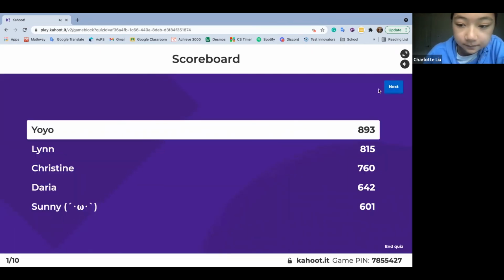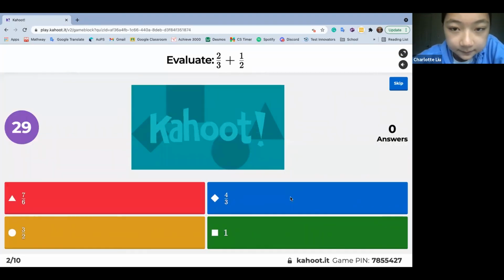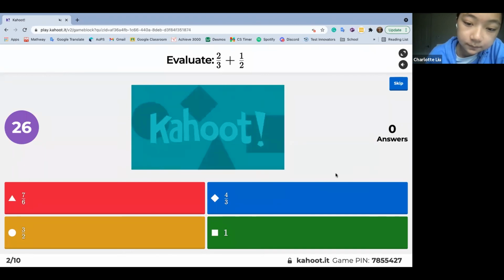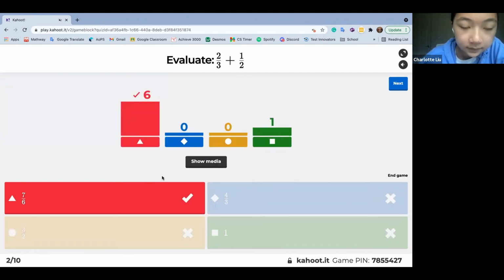Next, evaluate 2/3 plus 1/2. The answer is 7/6.